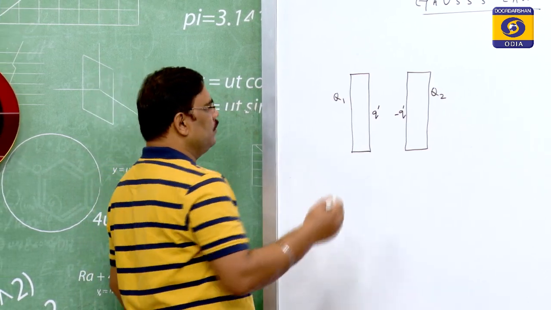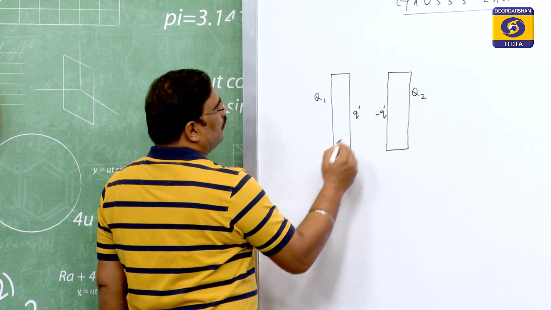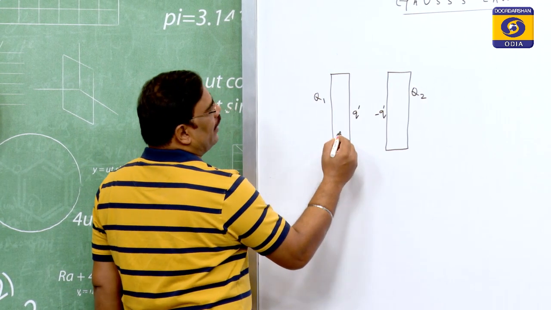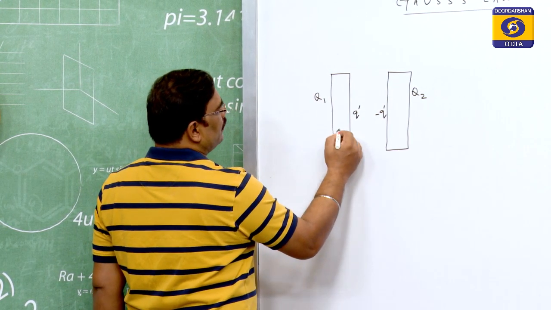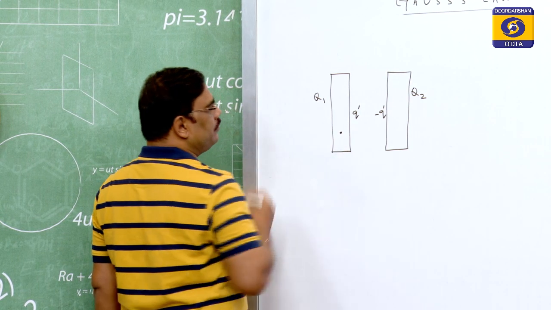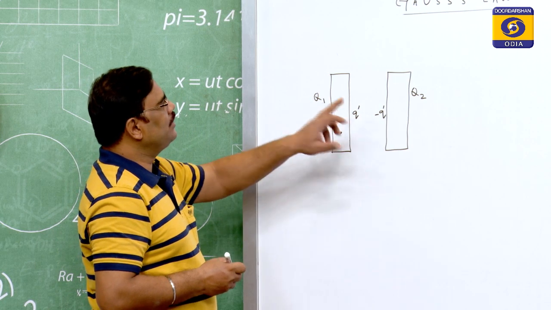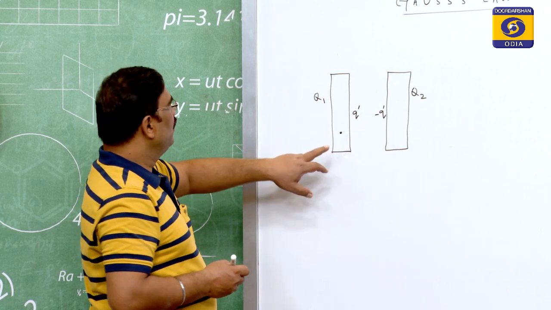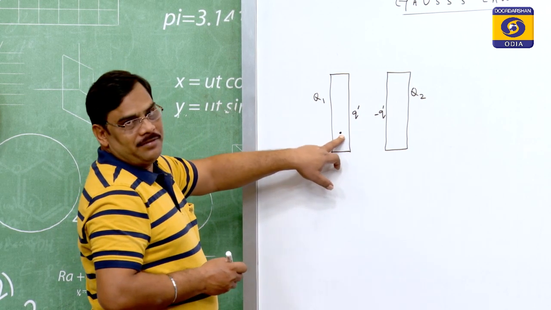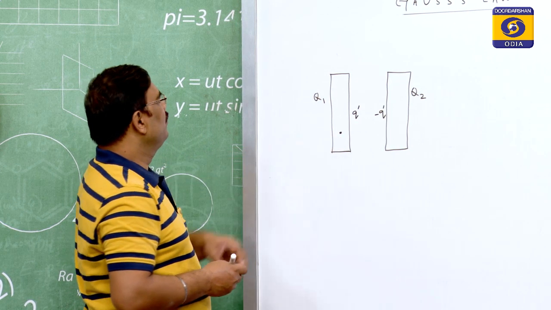If I consider a point somewhere here, to calculate the electric field at this point due to all the charges present, the electric field will be 0 according to Gauss law.